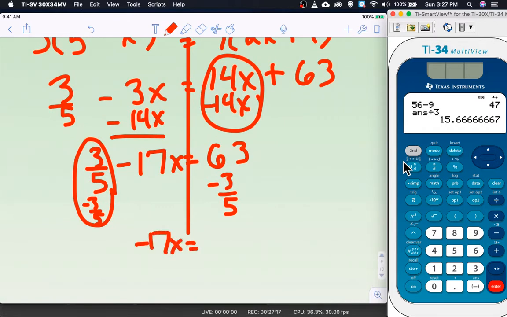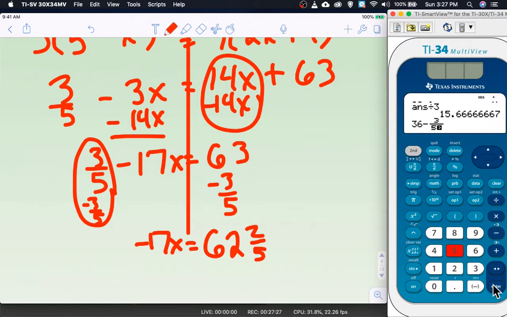63 minus 3/5 is 62 and 2/5. Check your calculator if you need to. 63 minus 3/5. There you go.